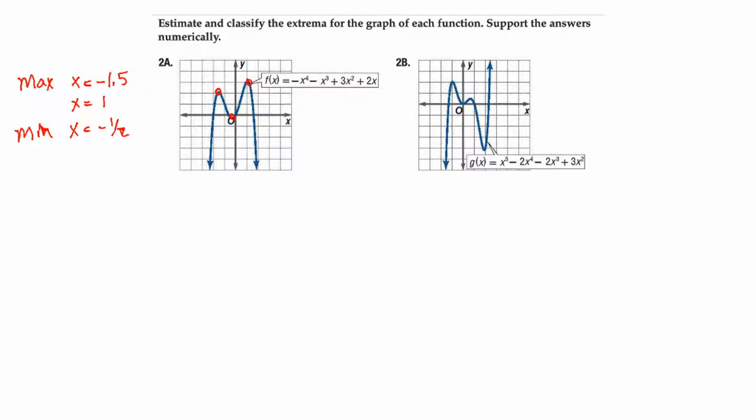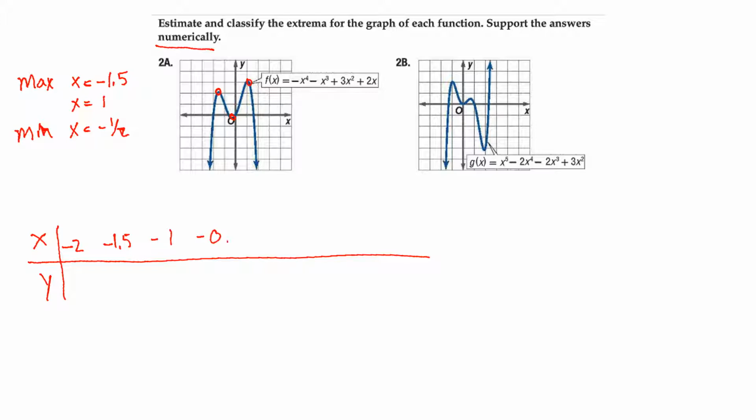So now, in order to support this numerically, I actually need to make a table. X, Y, and I'm going to start at negative 2, negative 1.5, negative 1, negative 0.5, 0, 0.5, 1, and then 1.5.